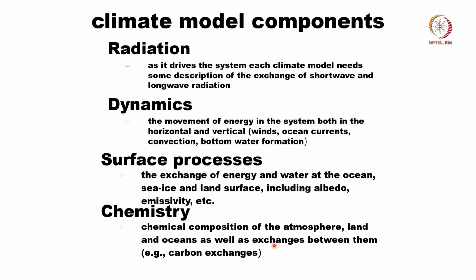Now, these models have lots of components. The first is radiation, which we already discussed in the last few lectures. So you take into account radiation exchange in the vertical, in the horizontal, the role of clouds, the role of gases, all that accounted for in the radiation module.